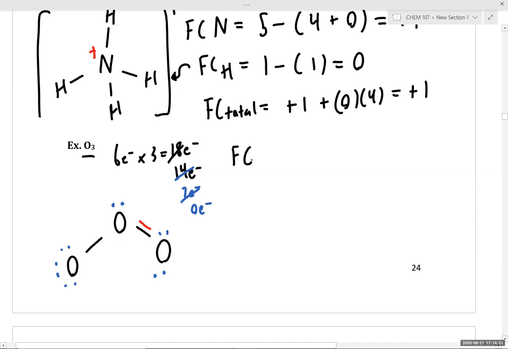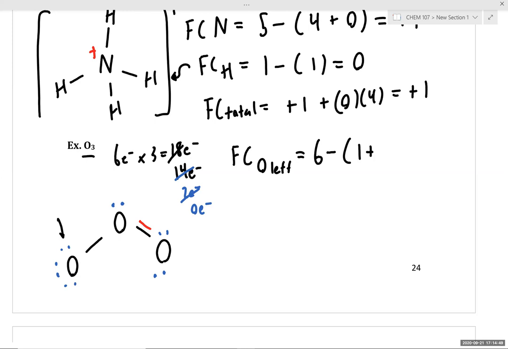Let's look at the formal charge for the oxygen on the left. Oxygen has a group number of 6. How many bonds does this oxygen on the left have? It has 1 bond, okay, and how many lone pair electrons does that oxygen have?